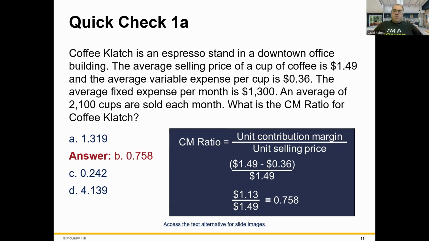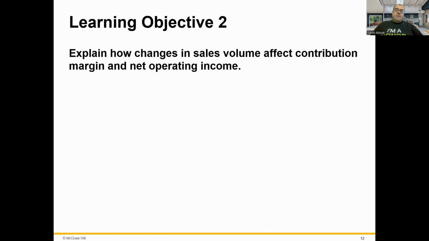We're going to divide that over our selling price, which is $1.49, which is going to be 0.758, or almost 76%, so it'd be 76% if you were to round. So our answer would be B, 0.758.